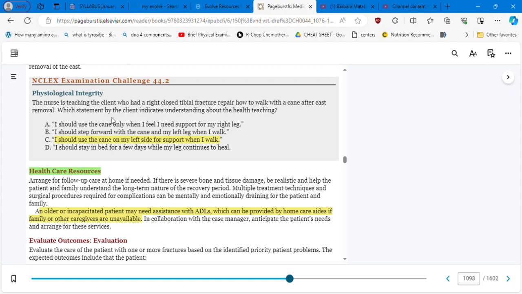Which statement by the client indicates understanding about the health teaching? I should use the cane on my left side for support when I walk, because remember, you place the cane on the unaffected side, and the affected side for this patient is the right, so this is the right answer.